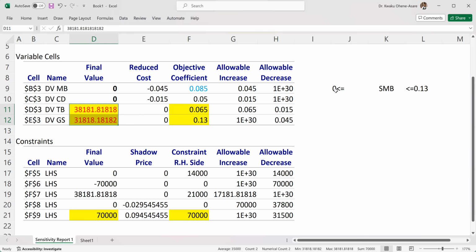As long as it's dancing between 0 and 13%, it will not change. But again, let's not forget that it will still not make Ama invest in municipal bonds.